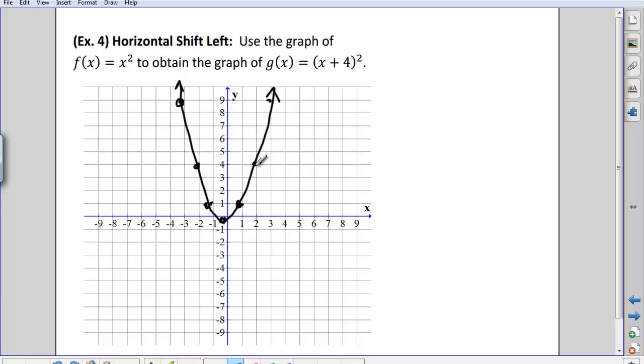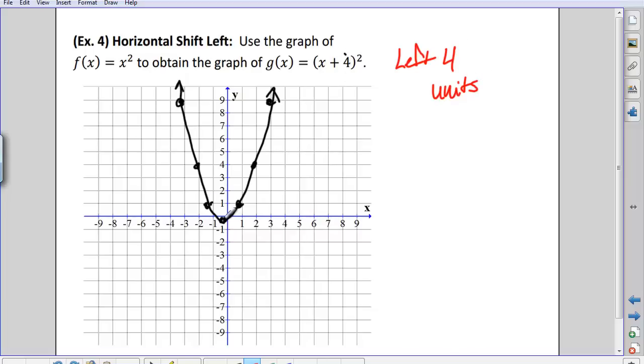Okay, so if I want x plus 4 squared, notice the plus is in parentheses grouped in with the x there, not outside the square. A plus 4, that's a horizontal shift, and that's going to go to the left 4 units. Because it's a plus 4, it goes to the left.